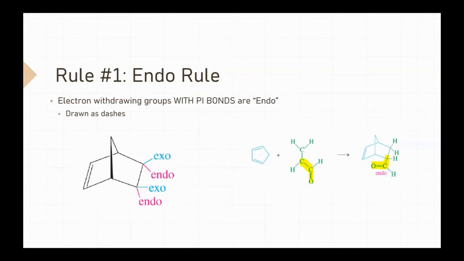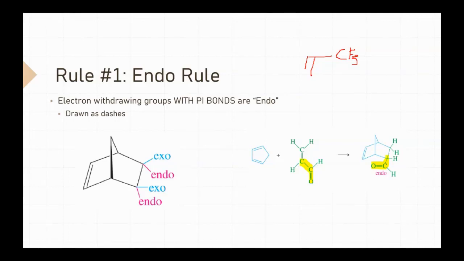The reason why I say with pi bonds is, let's say CF3. CF3 is electron withdrawing, because you have 3 fluorines, which are highly electronegative, but they don't have any pi bonds. Pi bonds just means double bonds. So because it doesn't have double bonds, it will go exo.